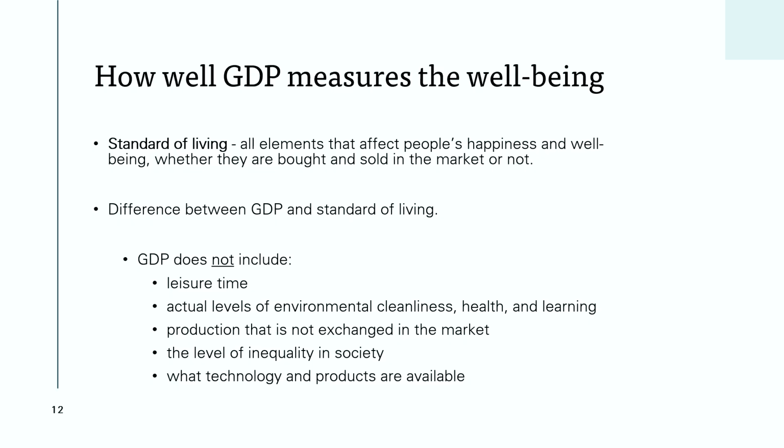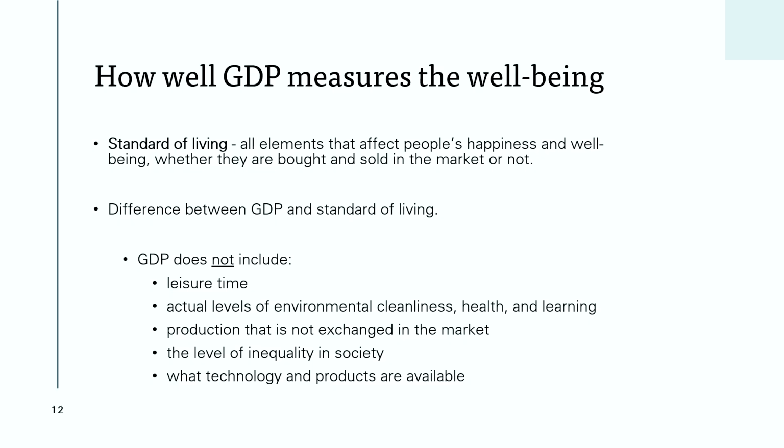Fourth is income inequality. GDP can rise even if most of the gains go to a small group of people. GDP tells us the size of the economic pie, but not how it is shared. Fifth is availability of technology and products.